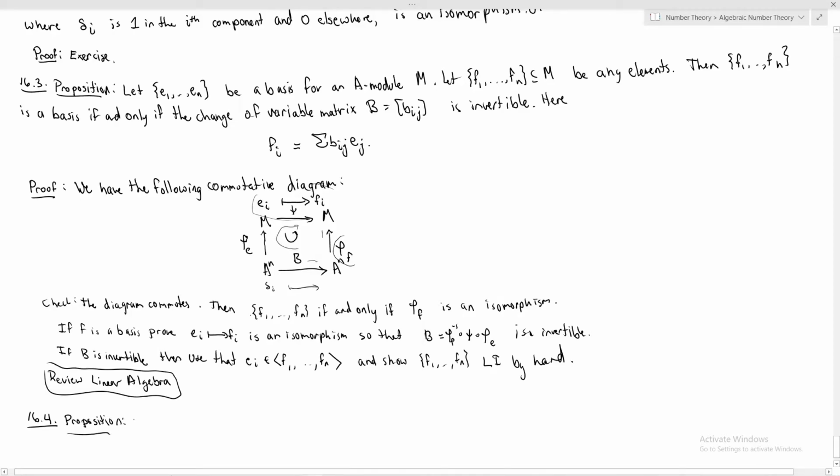So the proposition is this: an n by n matrix A_ij with entries in A is invertible if and only if the determinant is a unit.